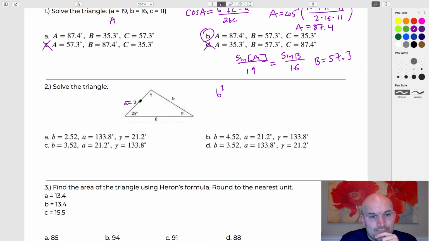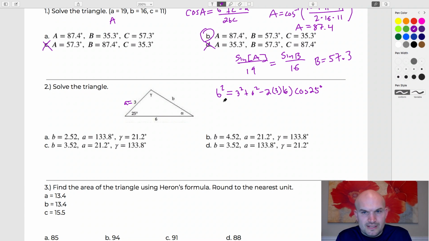All right, so what we can do here is let's go ahead and figure out what B squared is. So B squared is going to be the two side lengths, 3 squared plus 6 squared minus 2 times 3 times 6 times the cosine of 25 degrees. I'll just have to type this in because I'm going to want to store this.